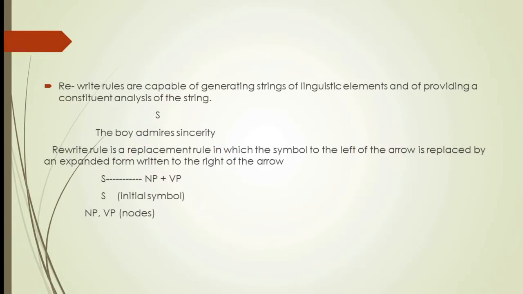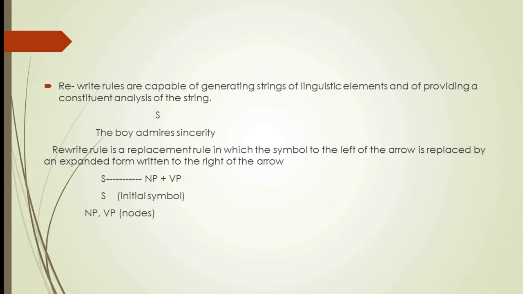So when you write using rewrite rules, you get a string of linguistic elements, and you can analyze these strings. For example, you have a sentence like, the boy admires sincerity. Now, this sentence can be written using the rewrite rule: sentence divided into noun phrase plus verb phrase.